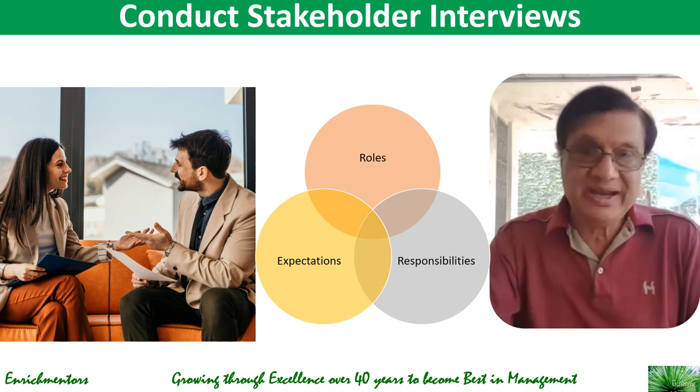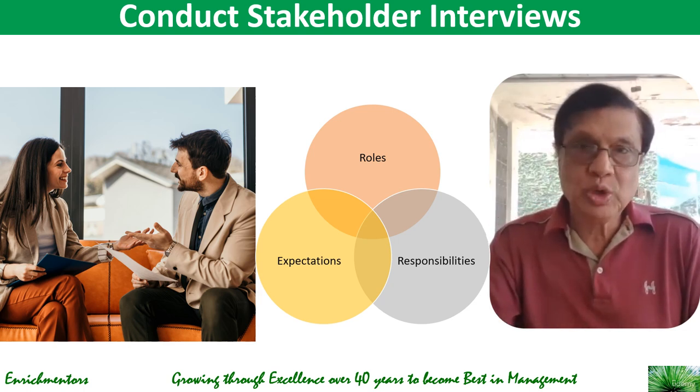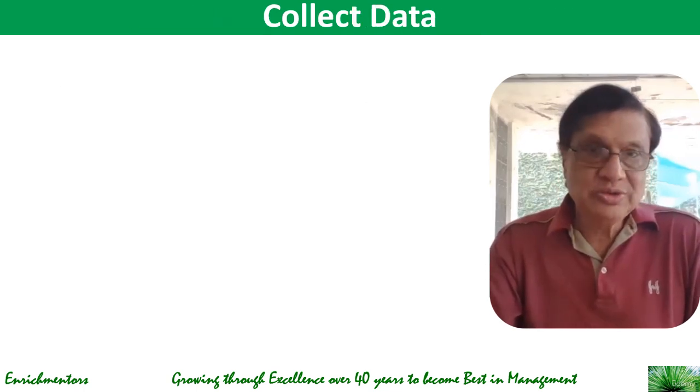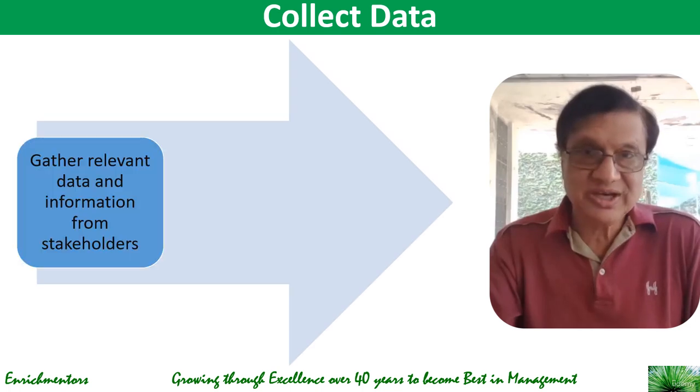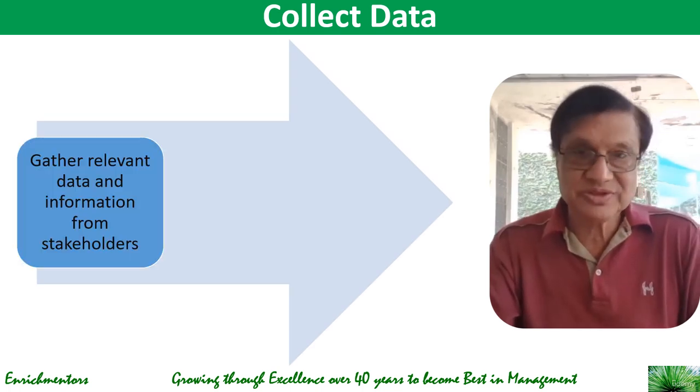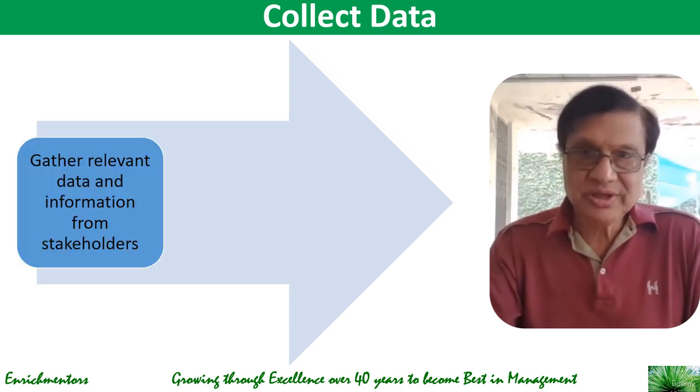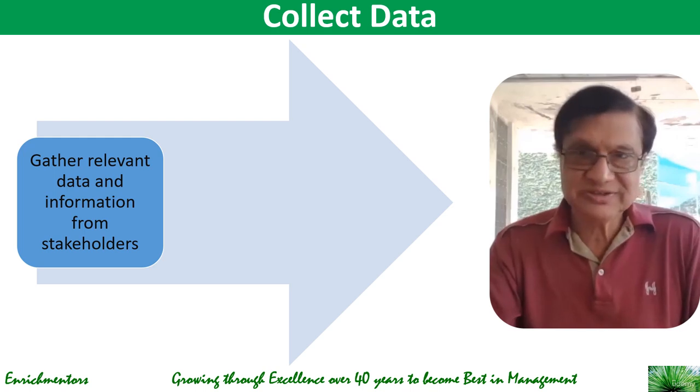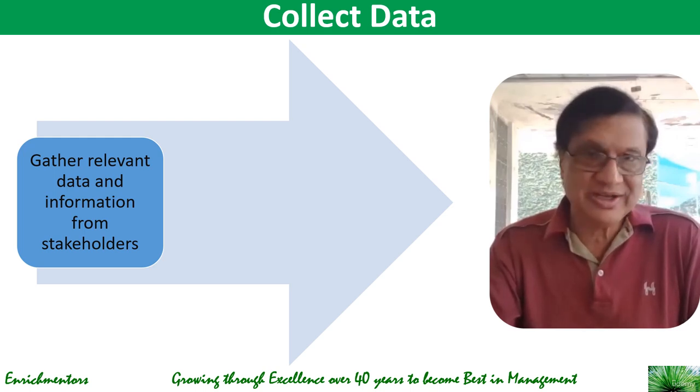Expectations would be the direct input to what they would like you to do in this project. Then you need to gather relevant data and information from stakeholders. Now, this could include business processes, data sets, reports, and documentation or anything else.